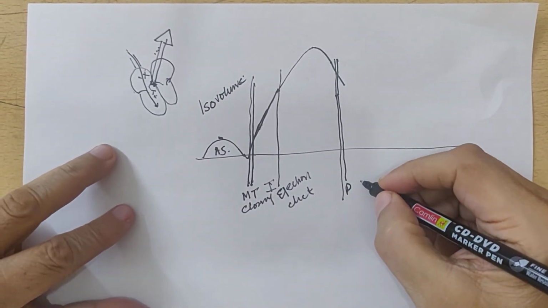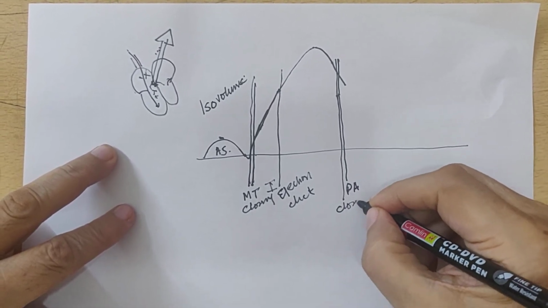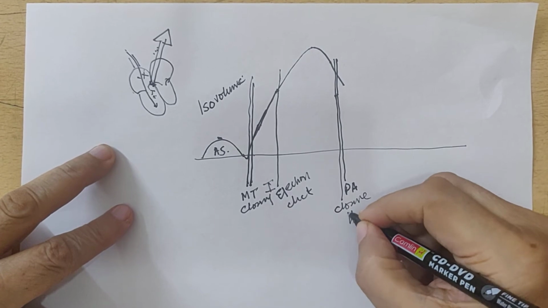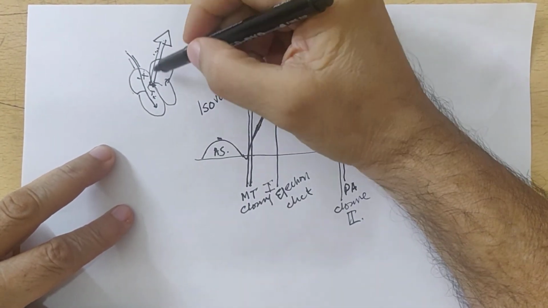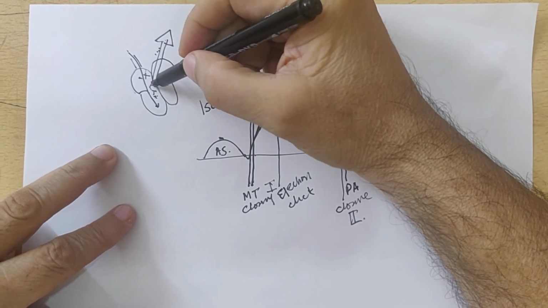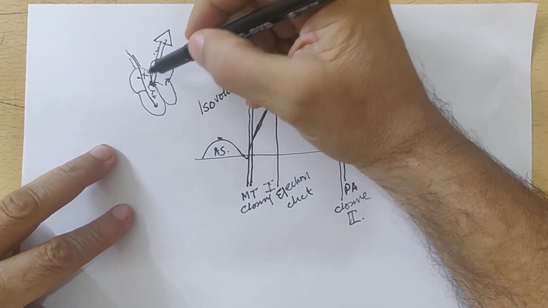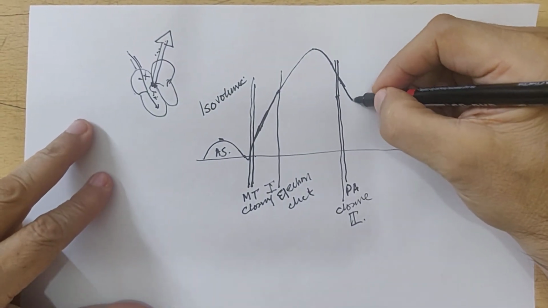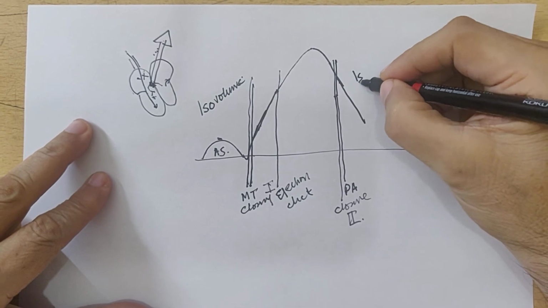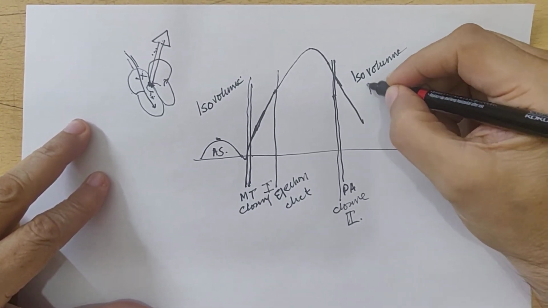So pulmonary aortic closure is the second heart sound. Again, the pressure is less than the artery but more in the atrium, therefore the tricuspid valve is also closed and the ejection valves are also closed, and therefore this phase of diastole would be known as isovolumic diastole.